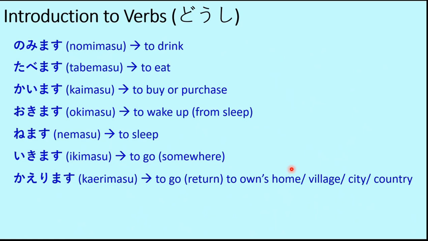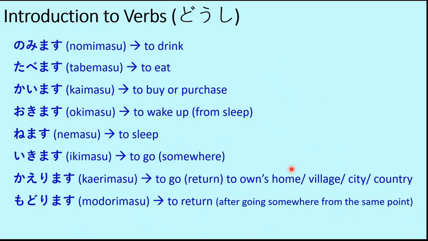He will say kaerimasu. So this is the difference. If someone else is going to that same place, it will be ikimasu for him. But if a person returns to or goes to his own country or native place, he will be using kaerimasu in this sentence. So this is an extremely important difference between ikimasu and kaerimasu, the difference in usage in Japanese.